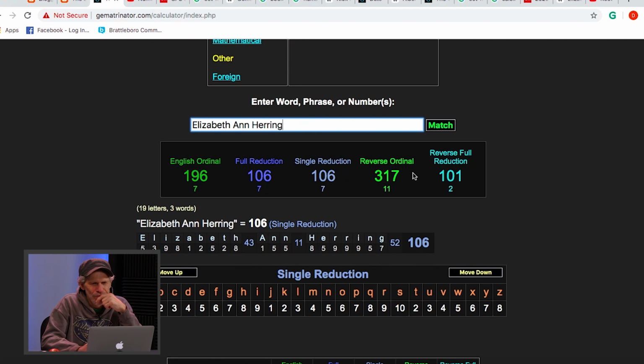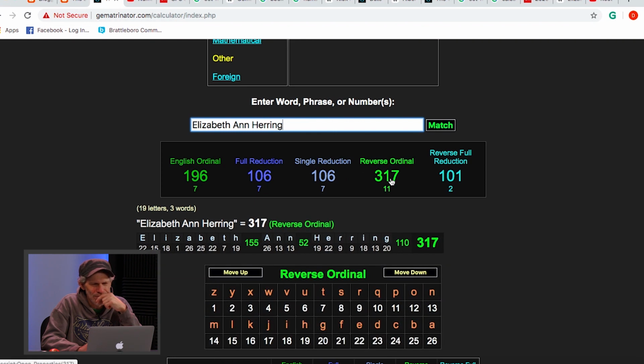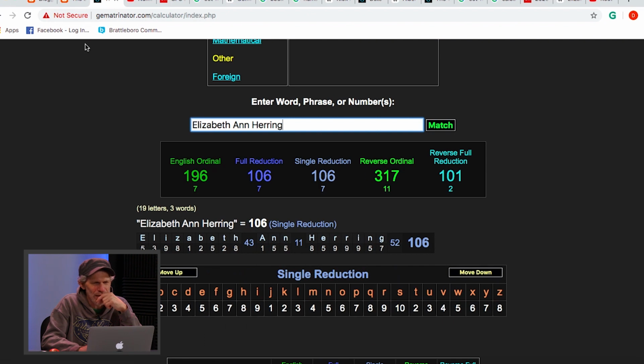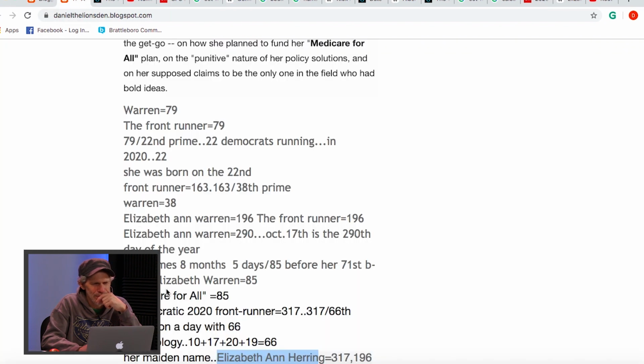Anyway, so 317 there, right? So Democratic 2020 candidate, 2020 frontrunner equals 317, the 66th prime. Her name equals 317, also 196. And 196 is connected to the front runner, right?